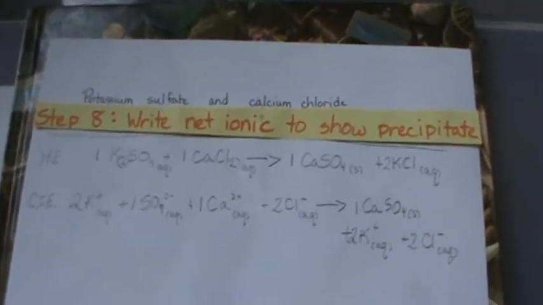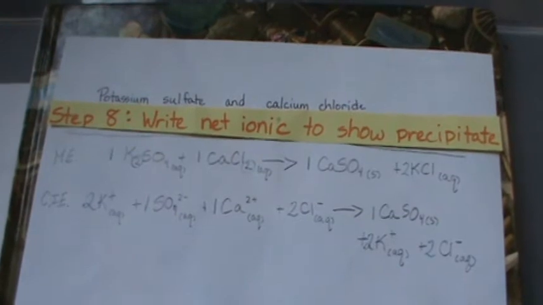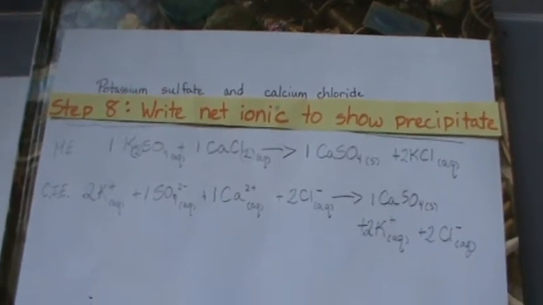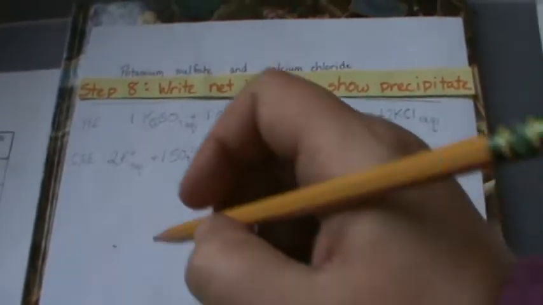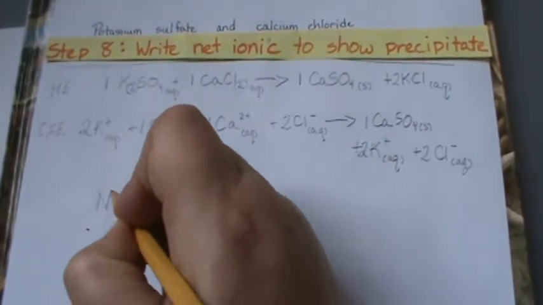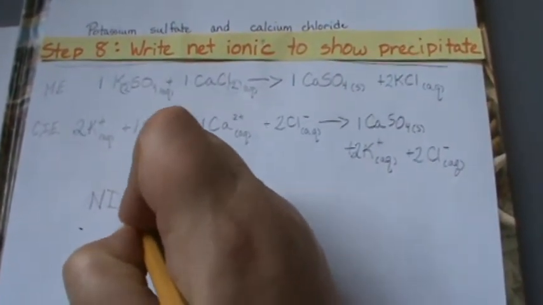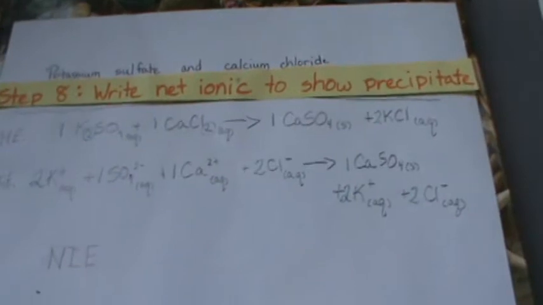is to write the net ionic equation to show the precipitate. And what we mean by that is that we're going to take the things that are not changing. So first of all, if I look at this, I'm looking to see if I have my pens, but I'm not finding them.